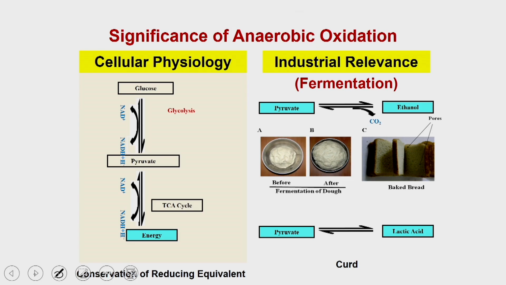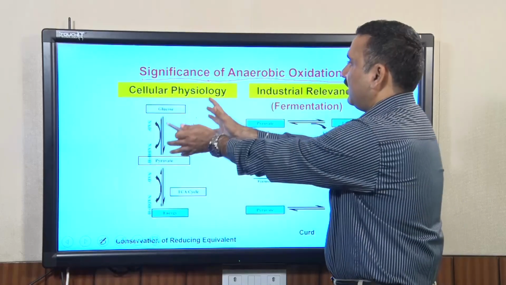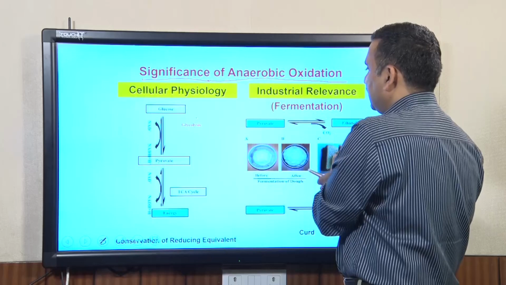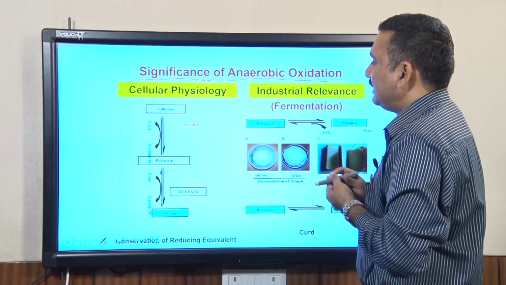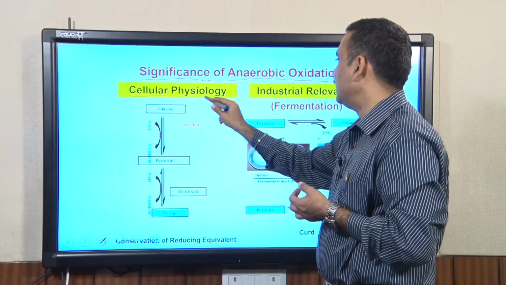So, what is the significance of anaerobic oxidation? What you can see is that anaerobic oxidation has significance both for driving the cellular physiology as well as industrial relevance. So, let us first discuss the role in cellular physiology.